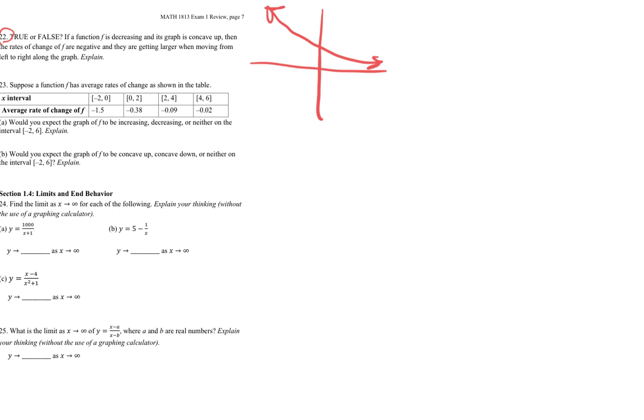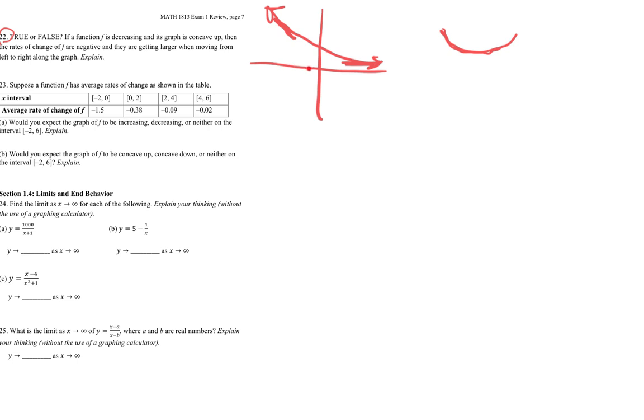So if we look here, our slope starts off with something kind of like this, but it ends off much flatter here. So remember, concave up, you get something shaped like this. The question is asking, is the rate of change negative, which is true, and is it getting larger when moving from left to right?